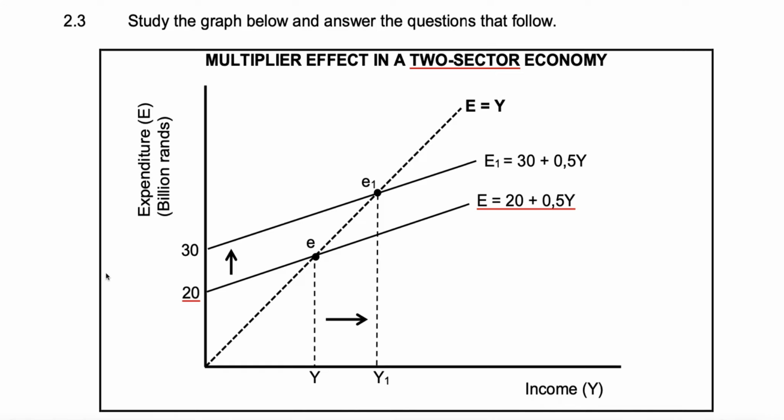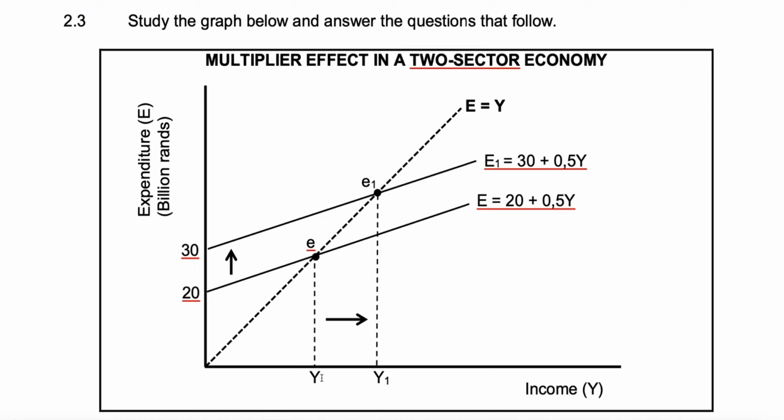So now if there's an injection in the economy, something that causes our aggregate expenditure to increase, then according to what we see here, it then increases to 30. So then we have a new equation here, which basically this again is our autonomous consumption, plus this is still our MPC, and this is our income, and together this we can call it our induced consumption.